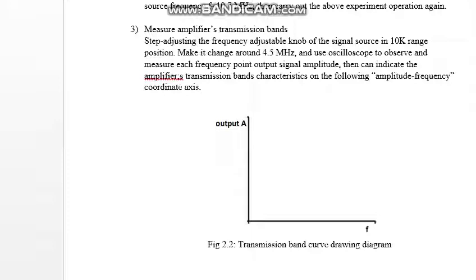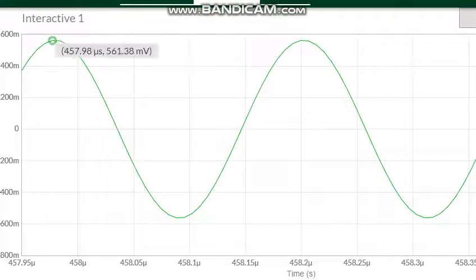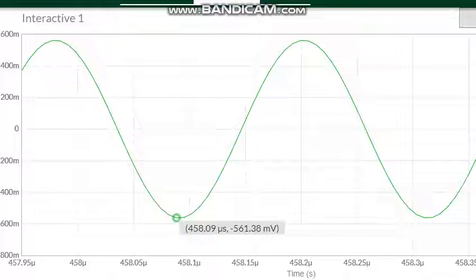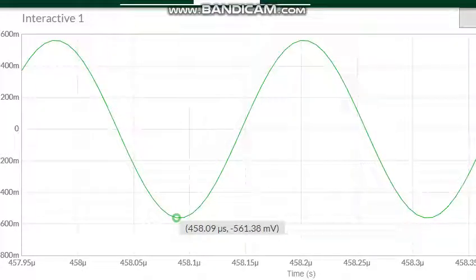Here the output peak to peak: the top of the point is around 561.38 millivolt, and the bottom is minus 561.38 millivolt. That is quite a simple sinusoidal circuitry.